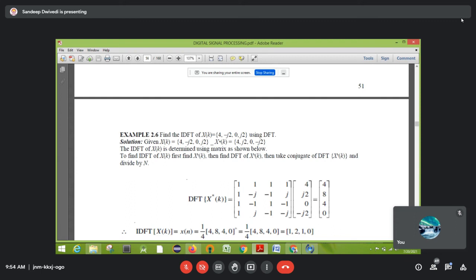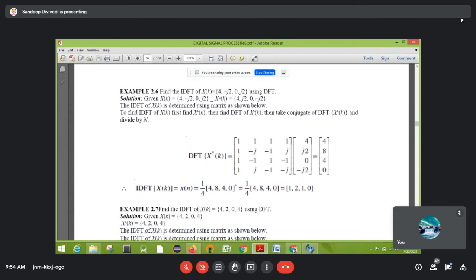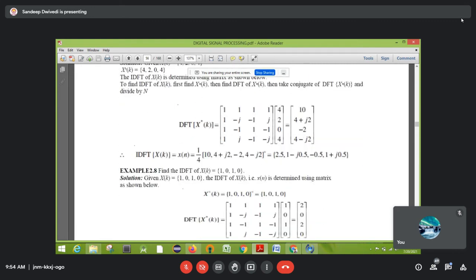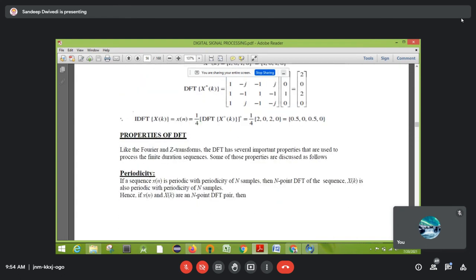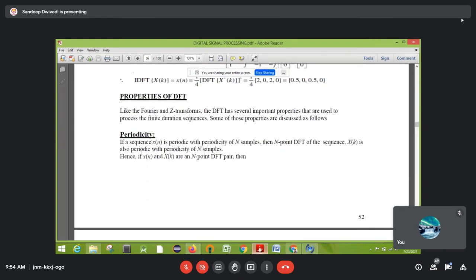Because you need to take the complex conjugate, they have given the same matrix. Just hold on.